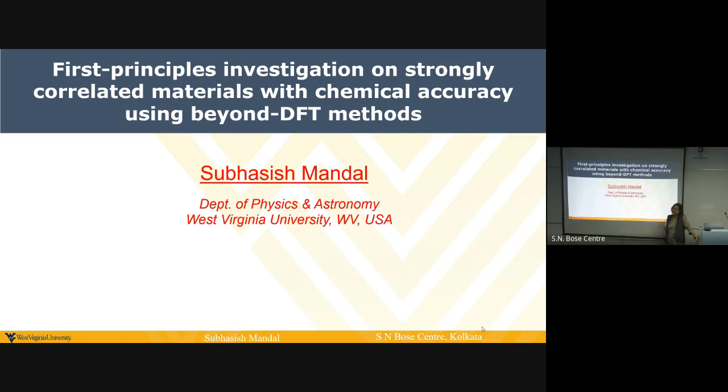But Subhasish is a person whose research expertise is mostly with the electronic structure calculation and mostly focusing on strong correlation method. And he did his master's from IIT Madras. So was he his classmate? I see.